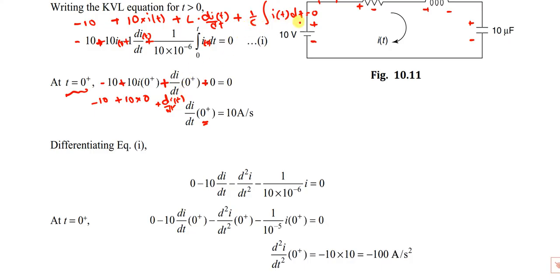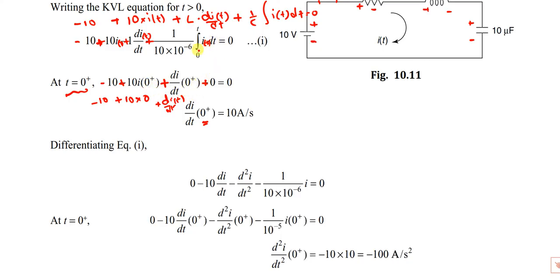V of C is the voltage across the capacitor, because the applied voltage is equal to the drop across this plus the drop across this. This is VR, this is VL, this is VC. t is equal to 0 plus means just after switching.